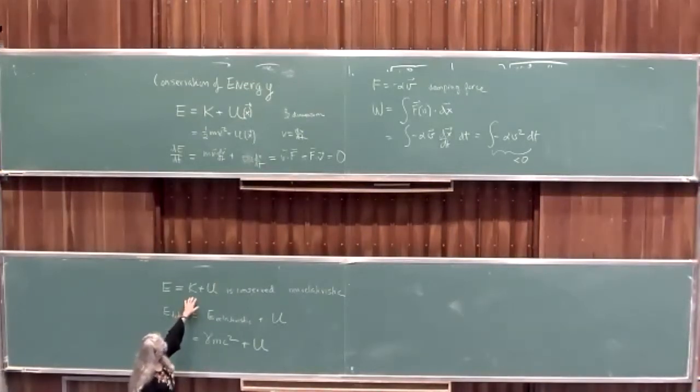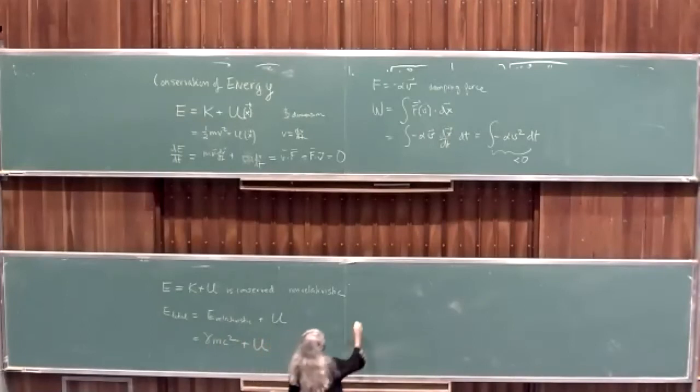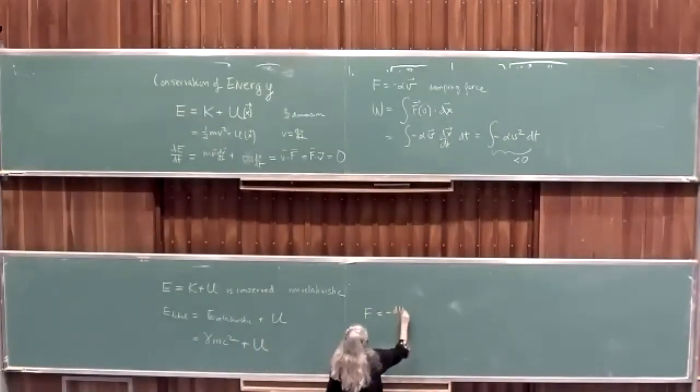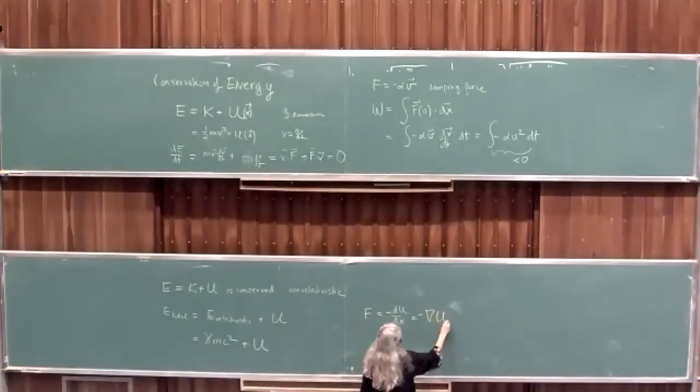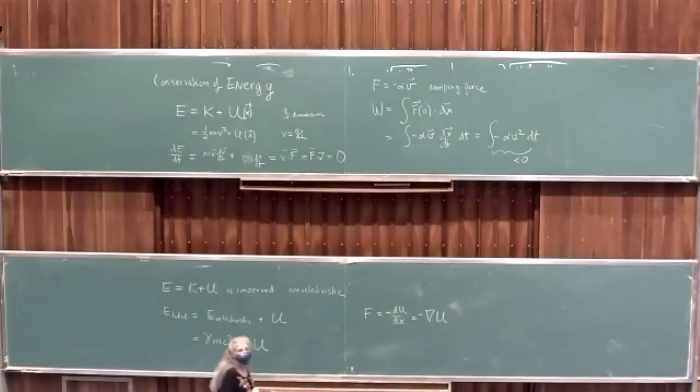So with a non-relativistic particle, I can just add a constant and it won't affect the dynamics at all. So remember, force is minus d dx or the gradient. But if I add a constant to it, the force doesn't change.